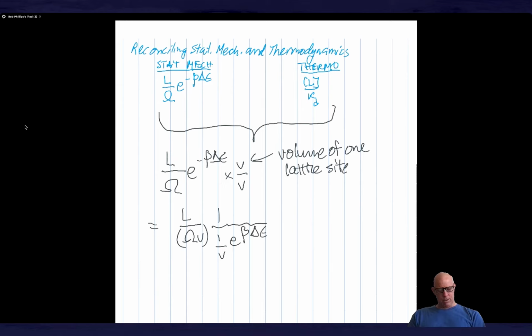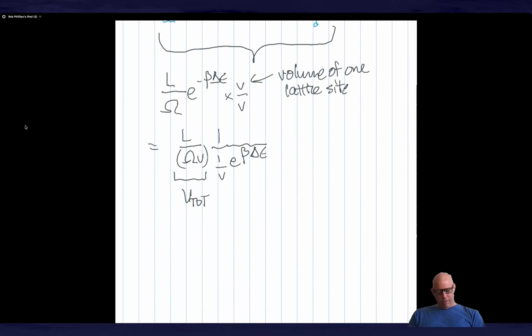This is also downstairs. This thing is v tot. And so if I have L over v tot, that's the concentration of L. So that gives me the L upstairs. And then downstairs I have Kd, where Kd is defined as 1 over little v, e to the beta delta epsilon. This is a reference concentration.